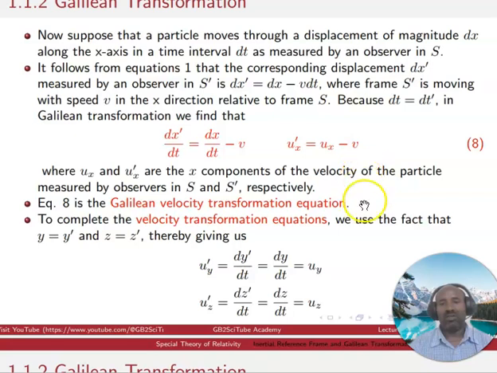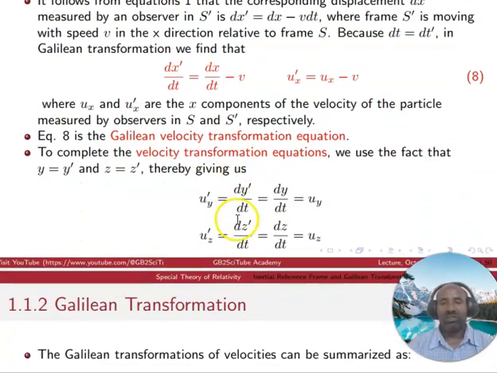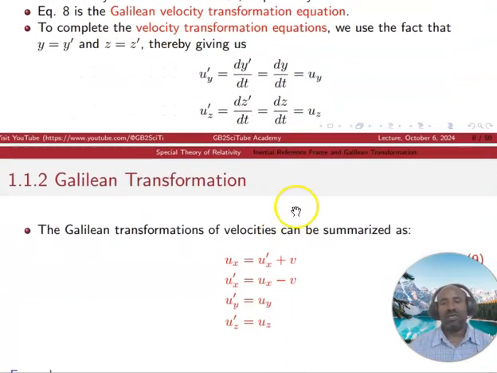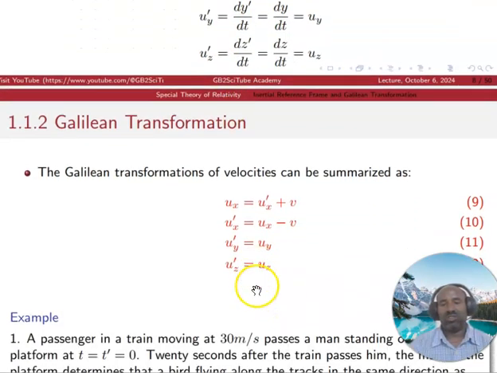In the y and z directions, the position is not changing in time, since the frame of reference is moving in one direction only. So vy prime is equal to vy, vz prime is equal to vz, and t prime is equal to t.